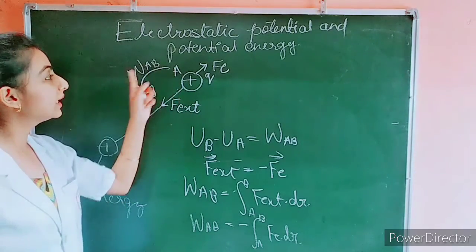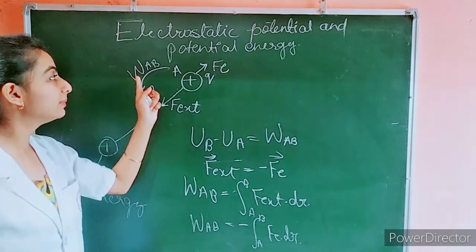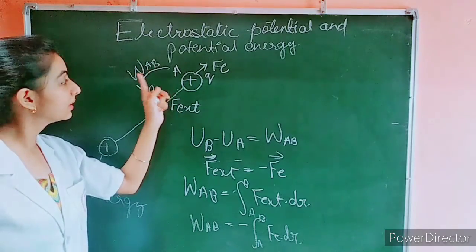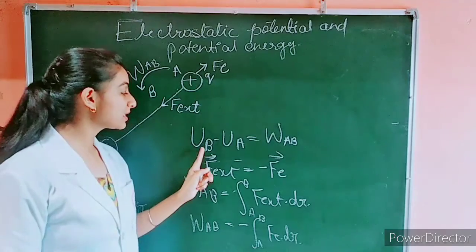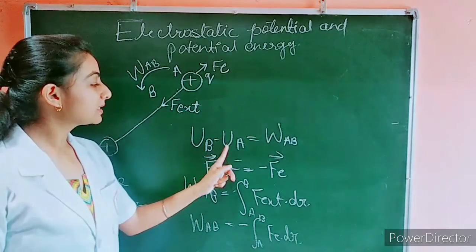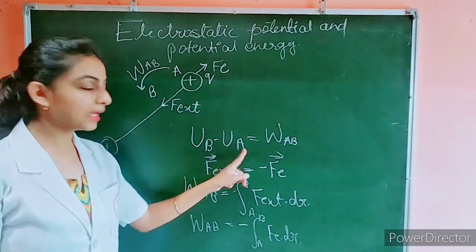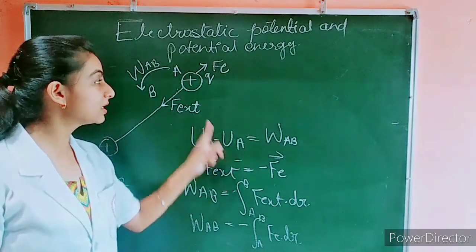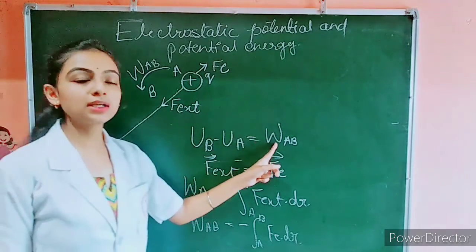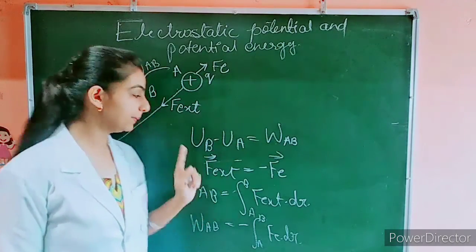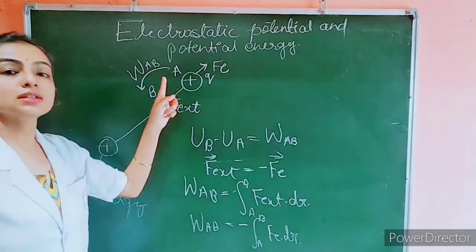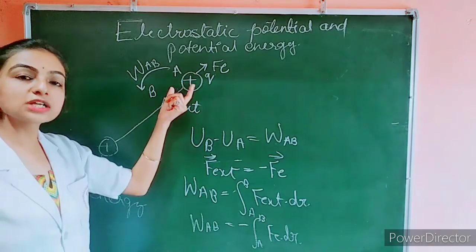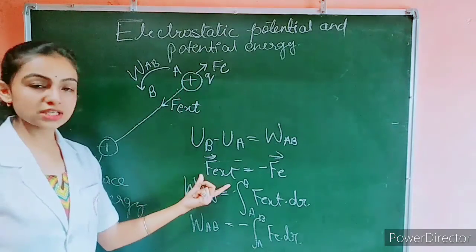Now the work done in bringing a charge from A to B will be equal to WAB. Now the potential energy present in B minus the potential energy present in A, so the difference of potential energy, will be equal to the work done in bringing a charge from A to B. Now when we give some external force to bring a charge from A to B, that is the force external.